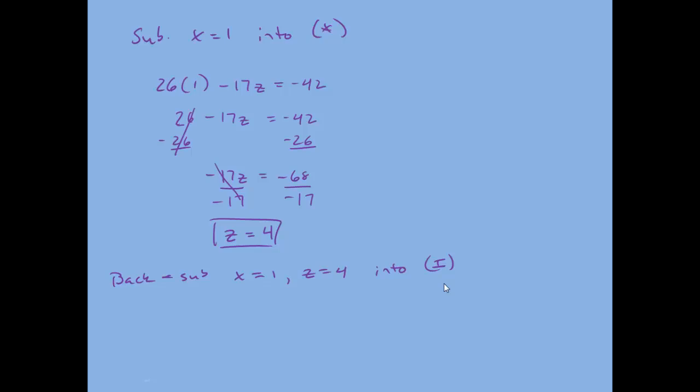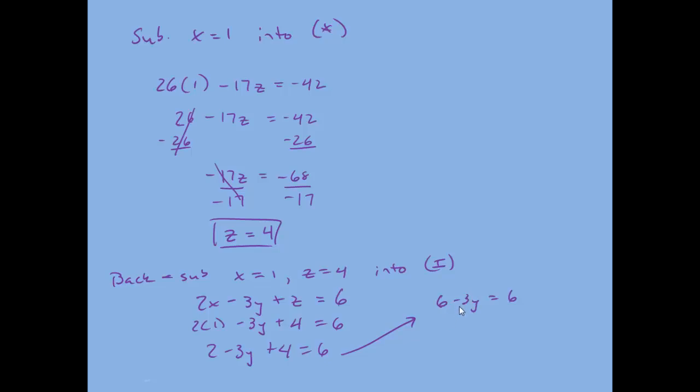And for equation 1 we had 2x minus 3y plus z equals 6, and we're substituting in here, so we're going to have 2 times 1 minus 3y plus z, which is now 4, equals 6. This ends up becoming 2 minus 3y plus 4 equals 6. 2 plus 4, combining like terms on that left side, gives us 6 minus 3y equals 6.